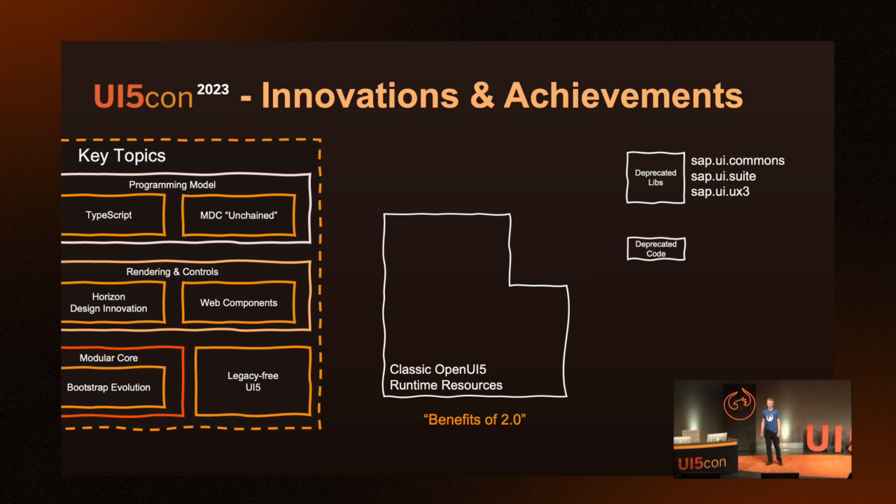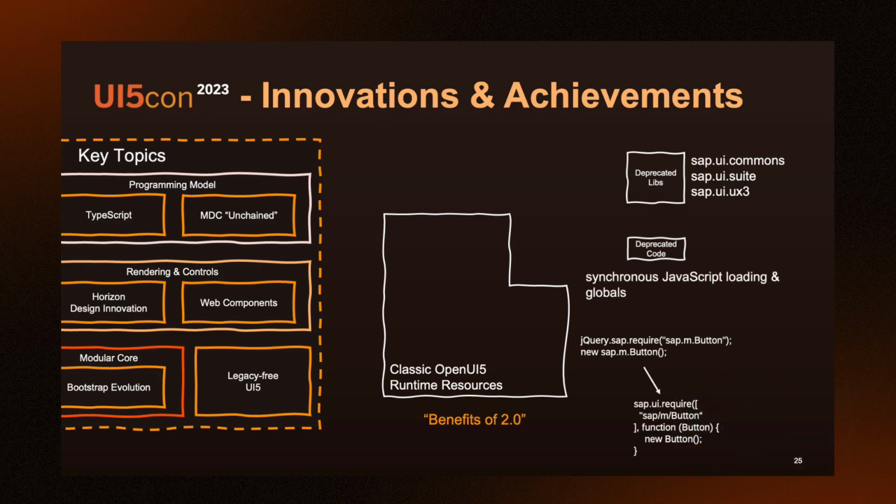The second thing is removing deprecated code. And here, most important, synchronous JavaScript loading is removed, and also the globals. Why? Because this is always a breach of strict content security policy, and it makes the framework heavier because you have to provide synchronous and asynchronous flows in parallel. Leaving out the synchronous flows makes it much easier. The second thing is outdated alternative APIs.